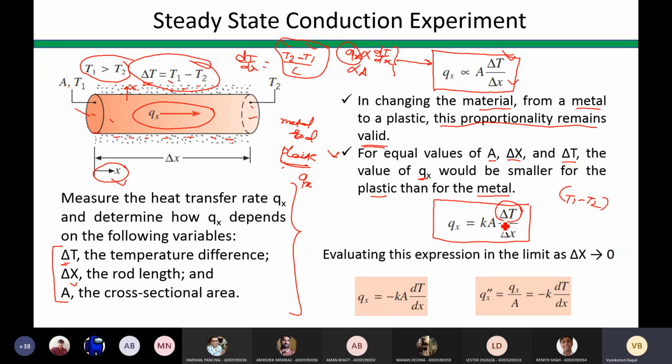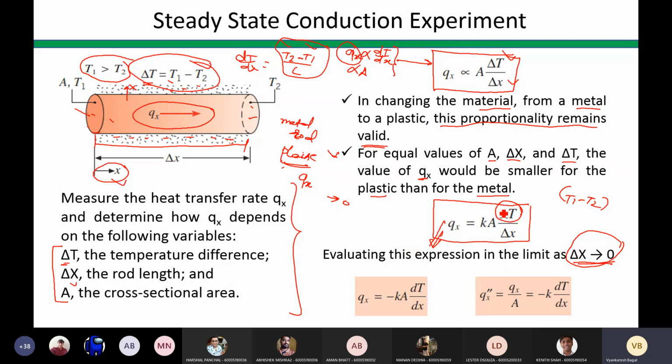See here. Right? If you evaluate this expression with the limit delta x tends to 0, then the same expression can be written in the form of a differential term like dT by dx. Delta x tends to 0 means the length of the rod will tend to 0.